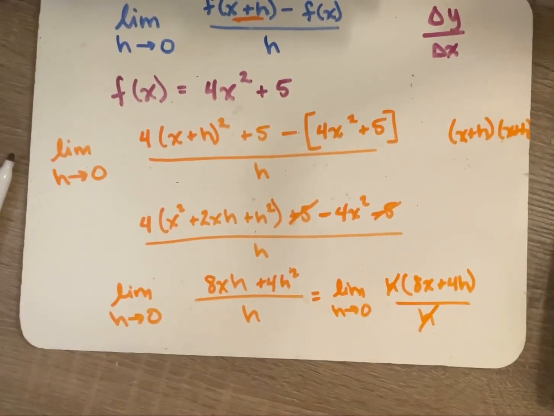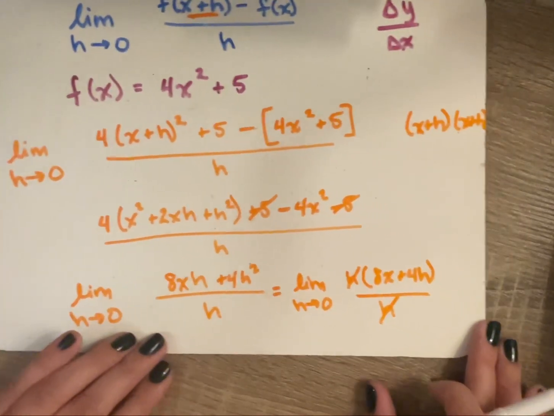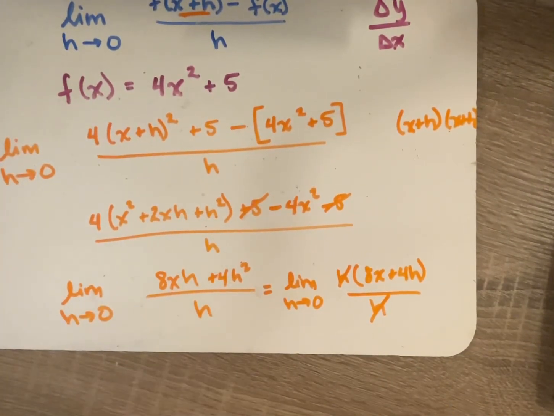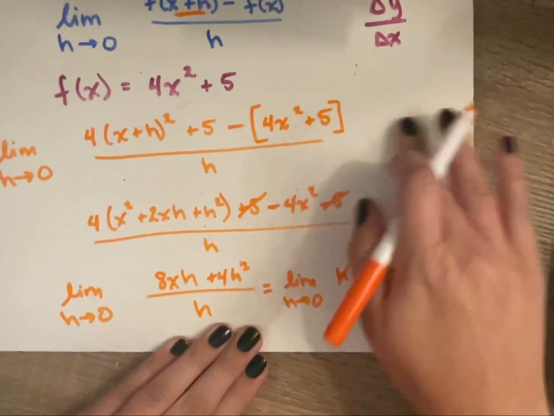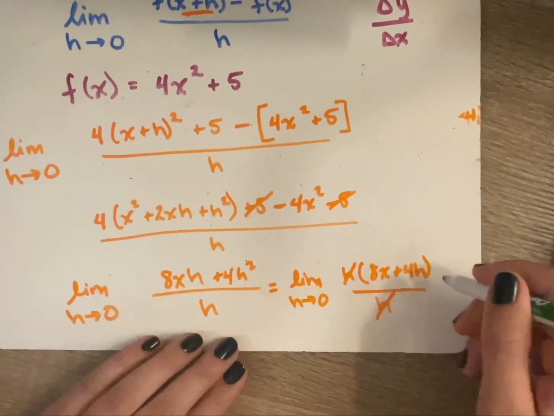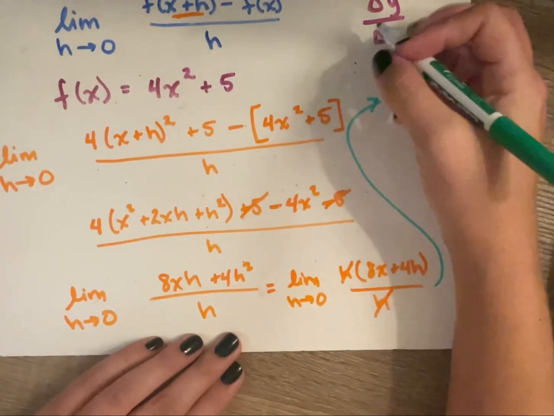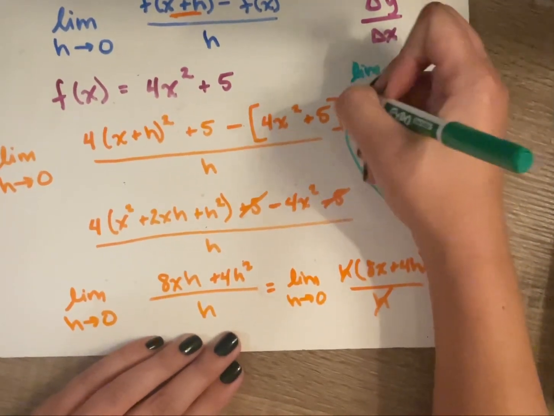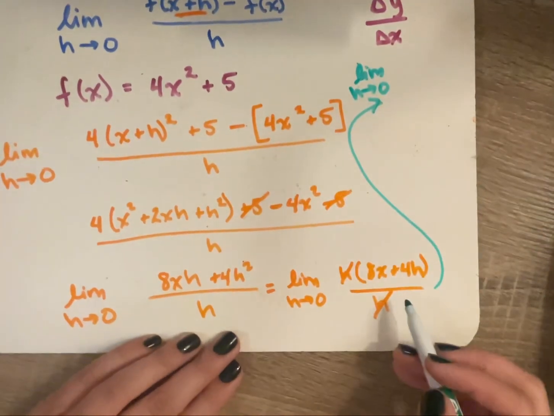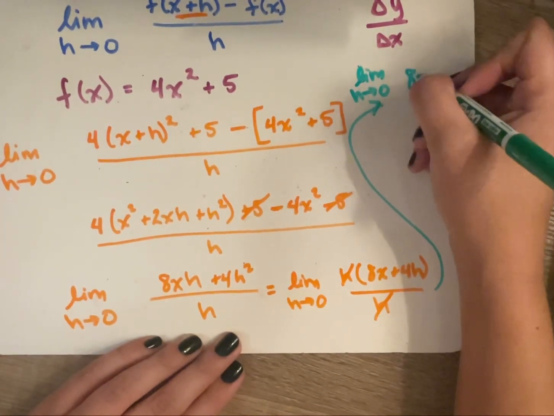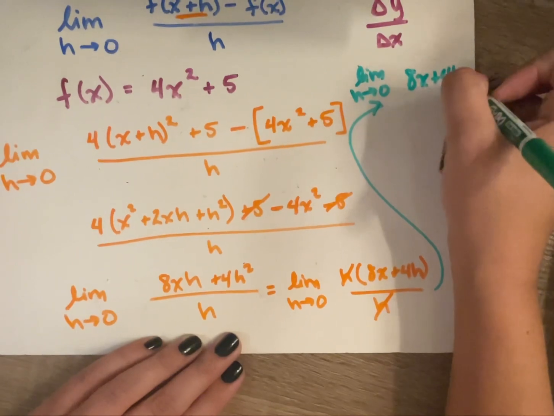These h's cancel each other out. They simplify to just 1. So that means I'm left with, I'm running out of space. We're going to go up here. That means I'm left with the limit as h approaches 0 of 8x plus 4h.